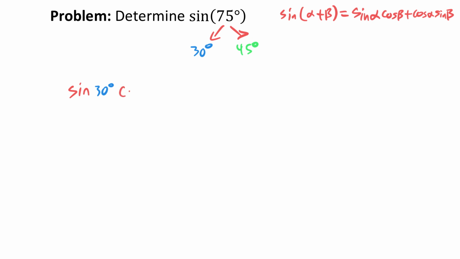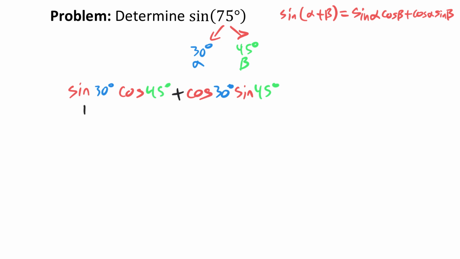Then we have cos 45. Right, this is my alpha, this is my beta, plus cos 30 sine 45. Now it's just unit circle time.